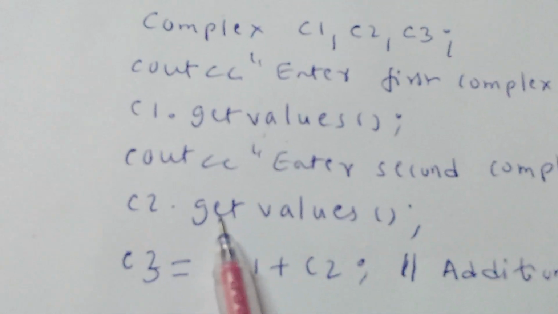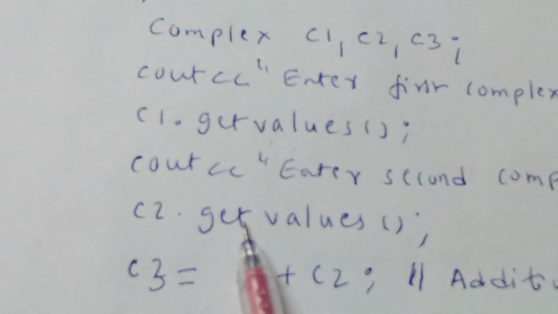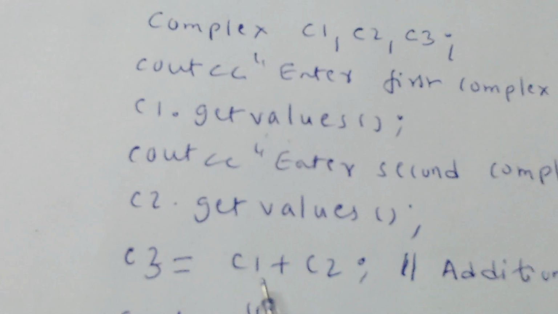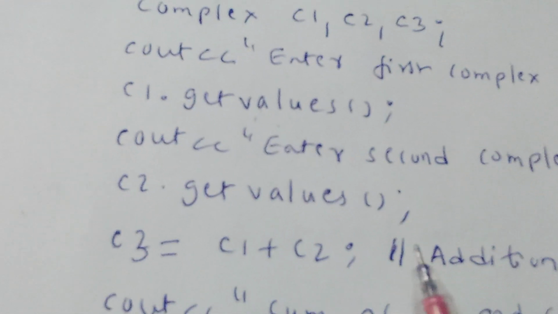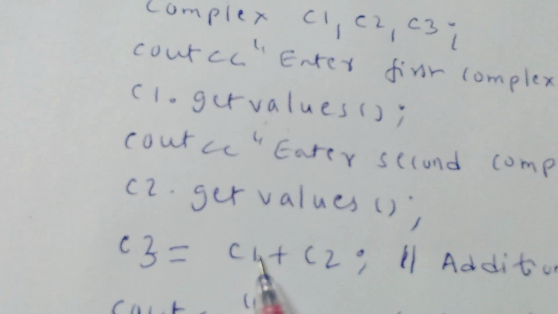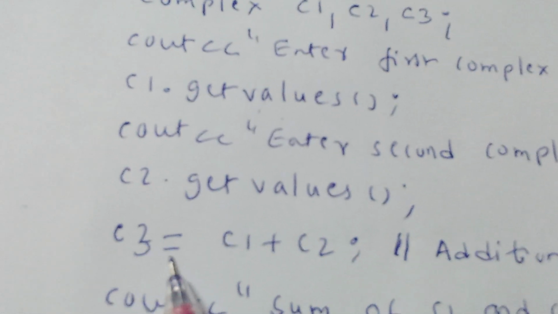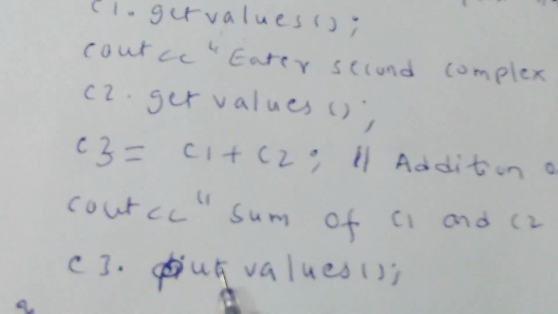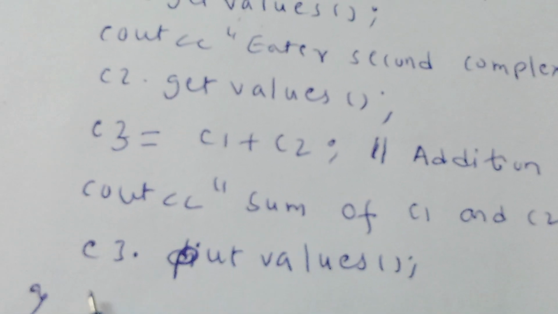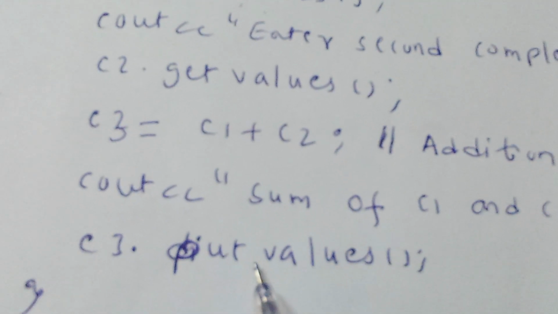Similarly, we input values to the c2 object by using the getValues function. To add the two objects, we write c1 plus c2. This is valid because the plus operator is overloaded in the complex number class. So c3 contains the answer. To see the values in the c3 object, we call the function c3.putValues.